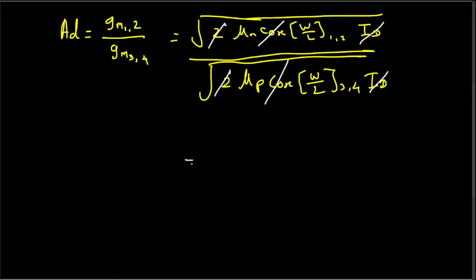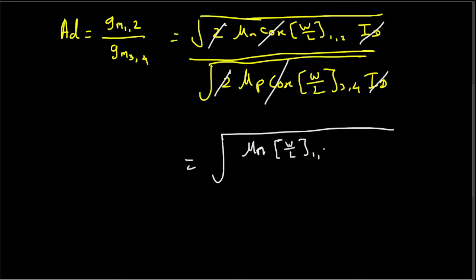Once we cancel, we end up with mu n times W over L 1 2 over mu p times W over L 3 4. This is the AD expression, the differential gain in terms of mu n, mu p, W over L 1 2, and W over L 3 4.